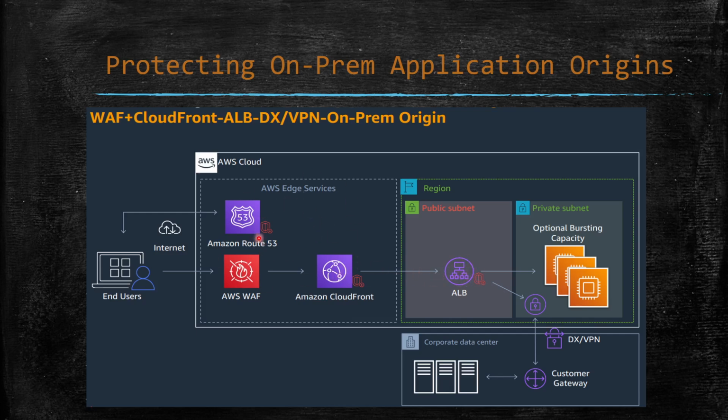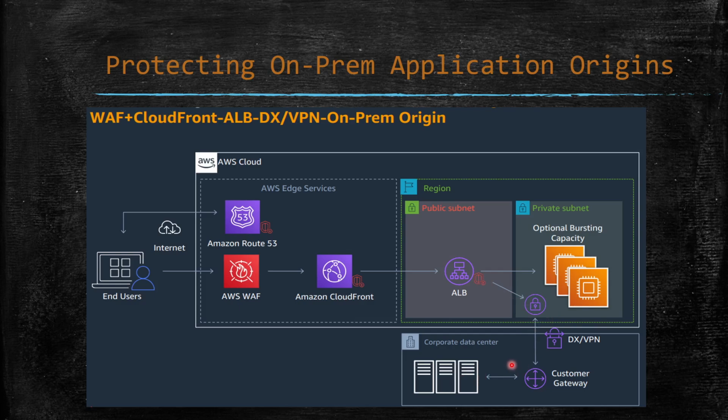At the edge, we have a service like Route 53, or any DNS provider, that is GoDaddy or Cloudflare, and the AWS WAF and CloudFront. Basically, the end user will come to the edge service and has to go through all the filtration of WAF, then CloudFront, and CloudFront is pointing the origin to the ALB, and the ALB will have connectivity to the site-to-site VPN to serve your on-prem request.